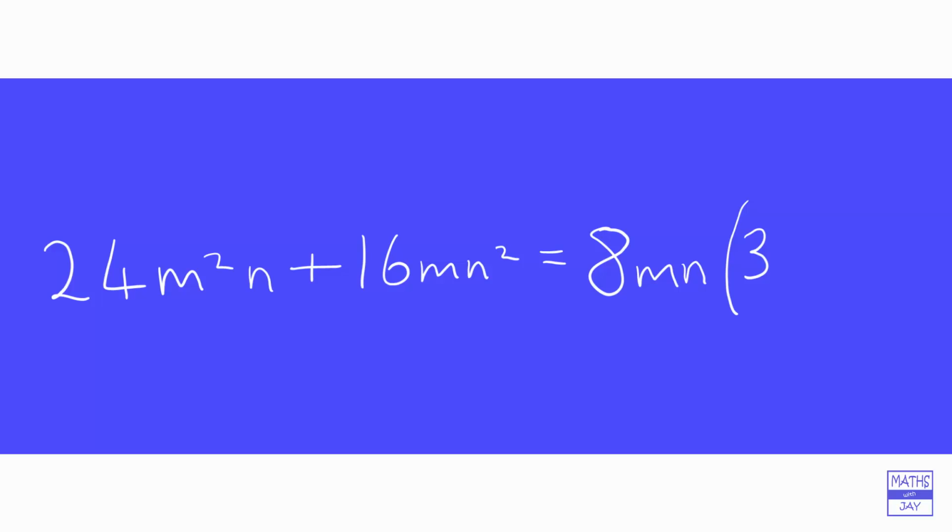But because we want 24m squared times n, we need to multiply by an m, and that will sort that out. And then looking at the other term, to get 16, we need 2. And then we've already got the m there, but we need to multiply by n to give us 16mn squared.